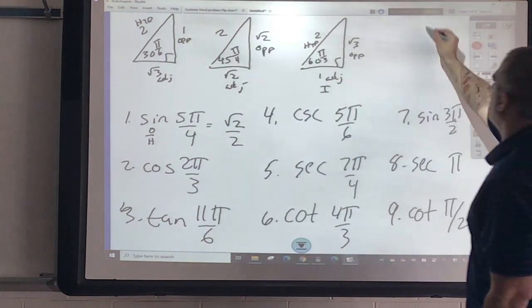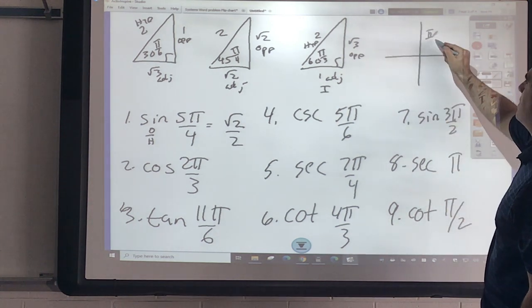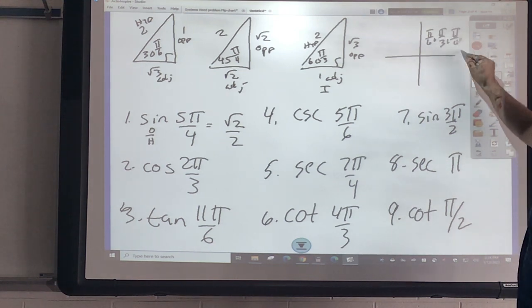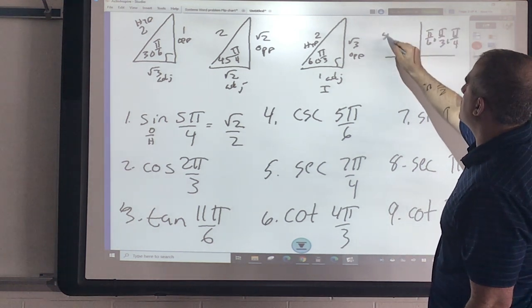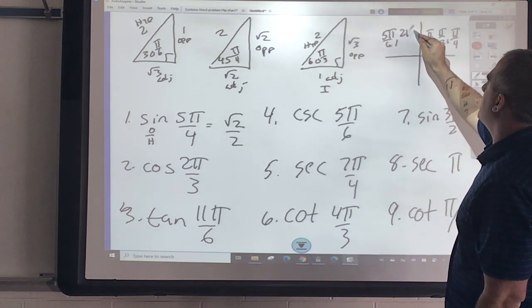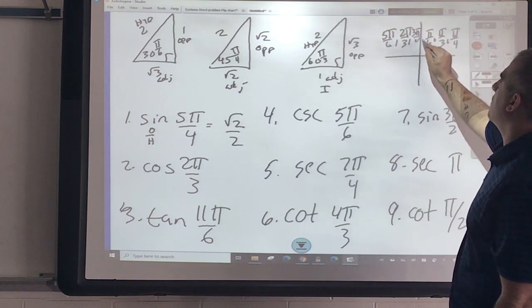I'll even draw a mini one. We know pi over 6, pi over 3, pi over 4, that's easy. The 6ths are going to be slightly less than 1, so 5 pi over 6, 2 pi over 3, 3 pi over 4, slightly less than 1.